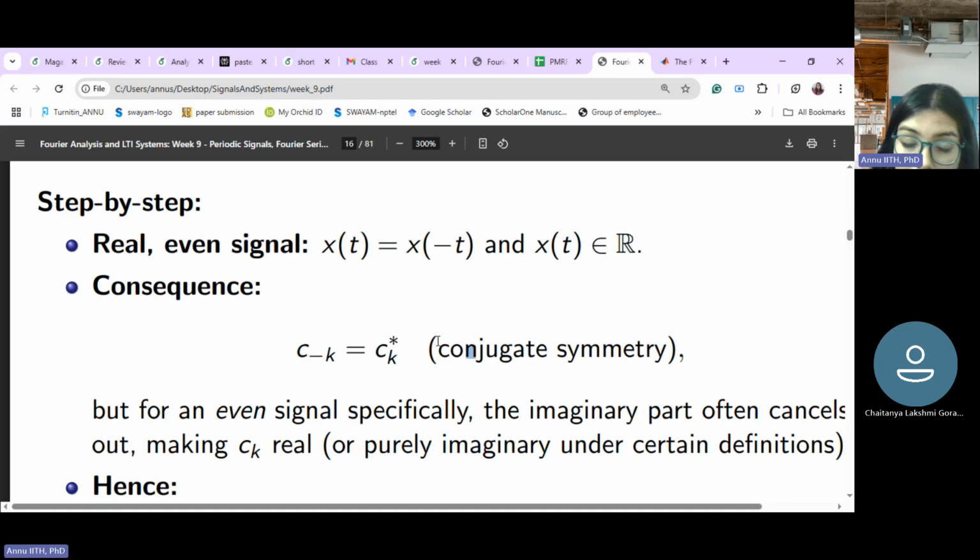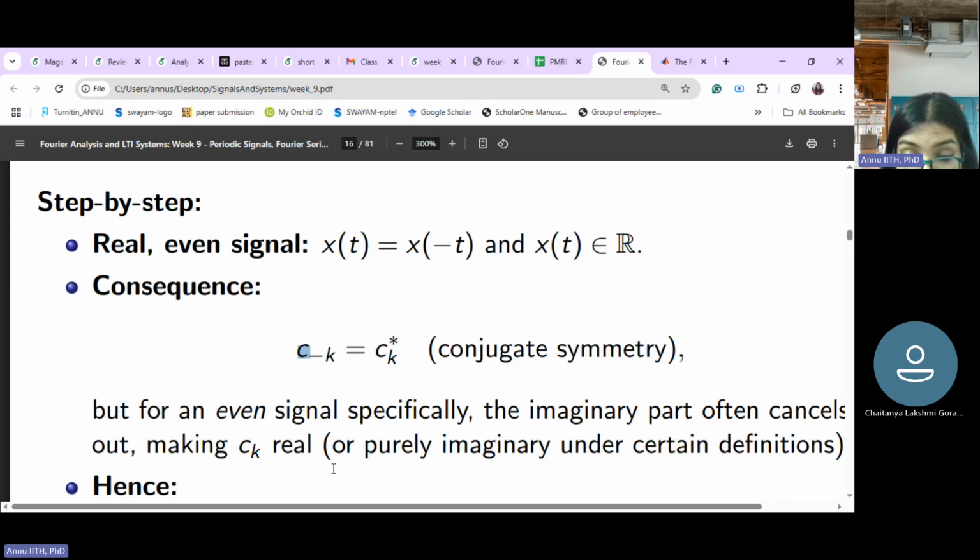Whereas if you remember, in the case of the Fourier transform, you had to replace j with minus j and it gave you F of j conjugate. That is for the even signal, meaning you will only have the real part and the imaginary part is zero.